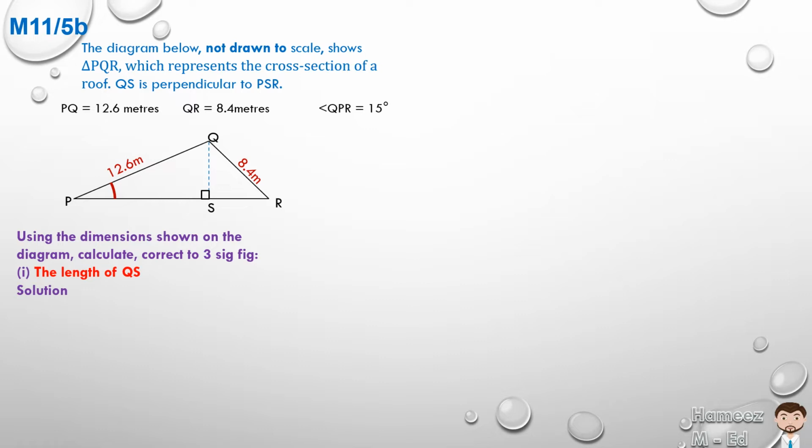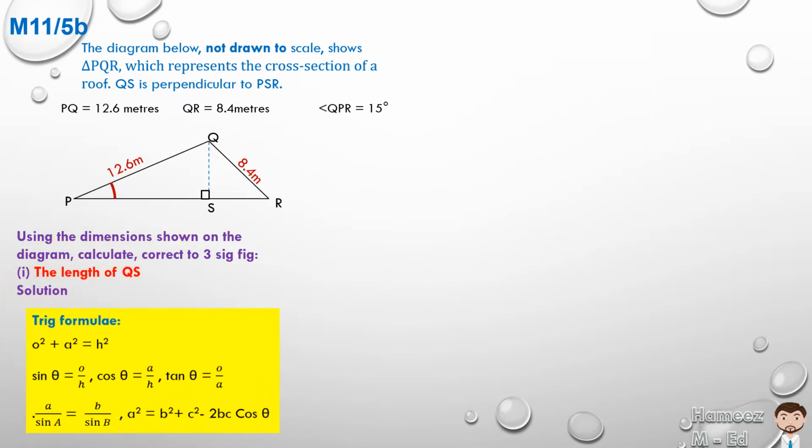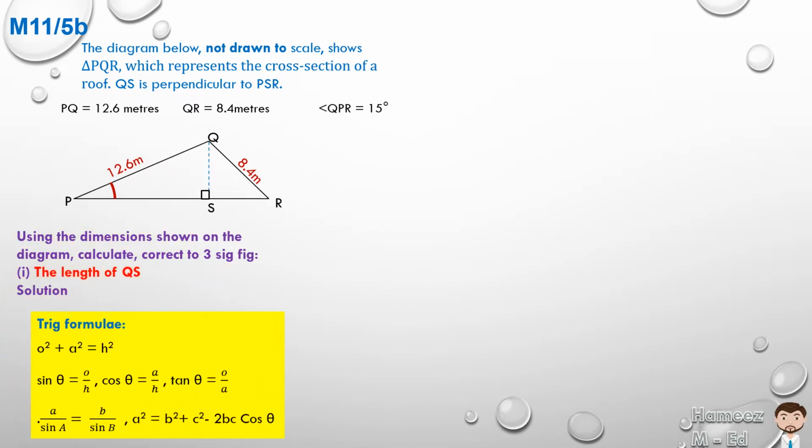Now, in doing our solutions, first of all, if we are having problems with it, let's write out the formulae that are connected to such a topic: the Pythagoras theorem and SOHCAHTOA, sine theta, cos theta, and tan theta. Now, let's extract the triangle that is required. So we're looking at the triangle on the left-hand side, QPS, where we know 12.6 is QP and the angle is 15 degrees.